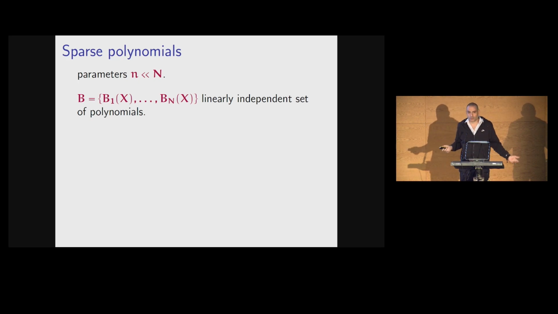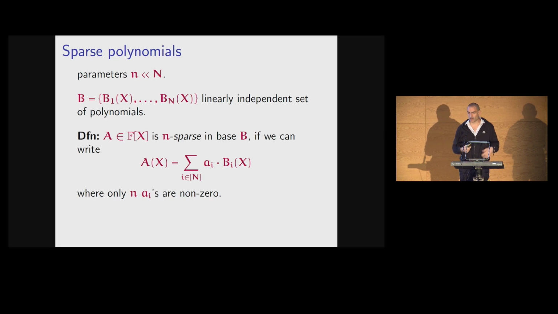And what do we mean by a polynomial A being little n sparse in the base B? We simply mean that we can write it as a combination of at most little n of these Bi's, where only little n of the ai's will be non-zero. Okay, so that's sparse polynomials.